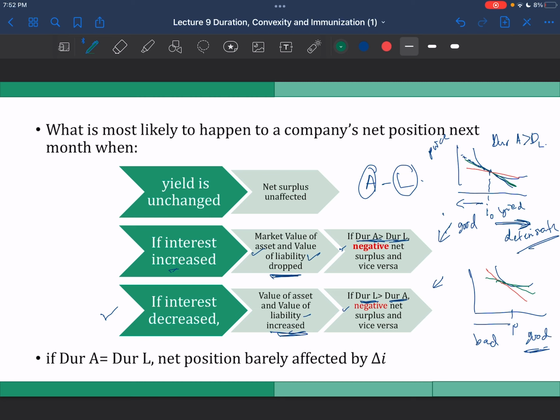From here you can see that it's best if the duration of asset is equal to the duration of liability, because the tangent line for both will be the same. Hence, in any direction of change of I, the price of asset and liability will move in the same way, so the net position won't change. Basically it won't be affected by any change of yield.